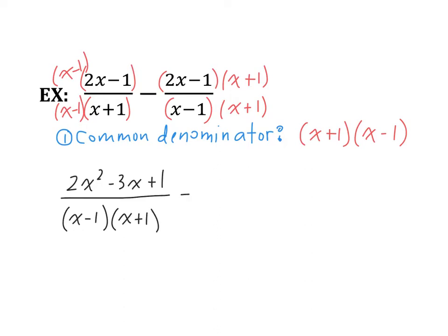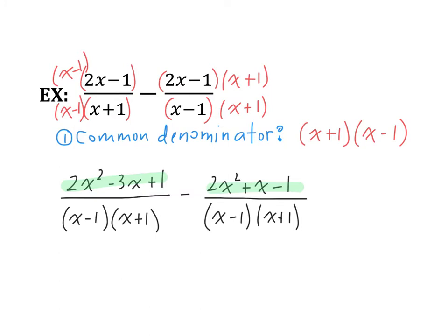We're subtracting. When I multiply these two factors together, we're going to get 2x squared plus x minus 1 all over now our common denominator, x minus 1, x plus 1. Now that our denominators are the same, we can go ahead and combine our numerators.